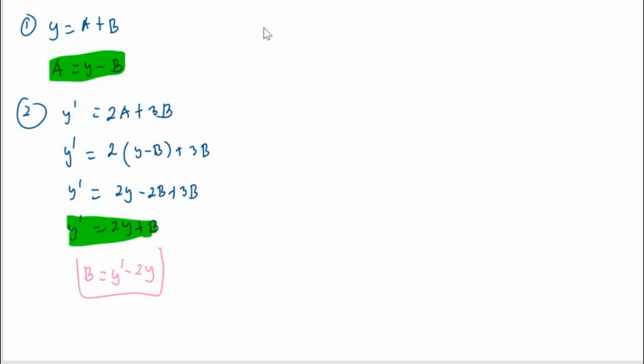We have a is equal to y minus b, so a is equal to y minus the value of b, which is y prime minus 2y.